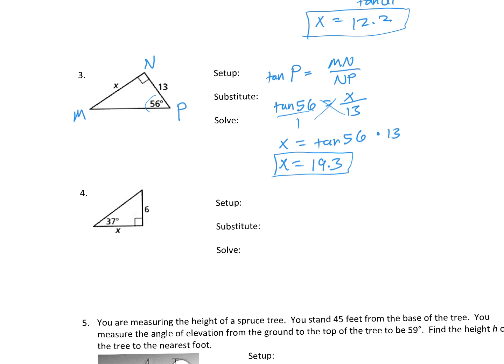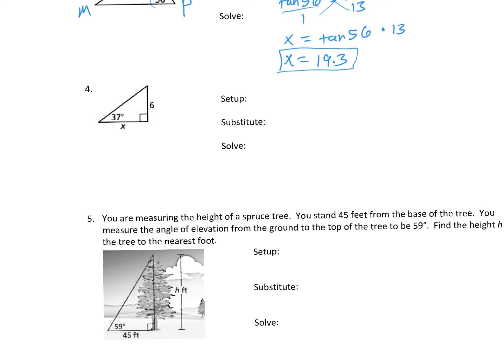Let's set up again. Try another example. Number 4. We'll call this B-O-W, bow. So here, this is what we know. We know angle B, so tangent of B must equal, over 1, our opposite, which is OW, over adjacent, which is BO. Oh, well, first let's substitute before cross multiplying. I jumped the gun there. Equals 6 over, oh, I'm sorry.